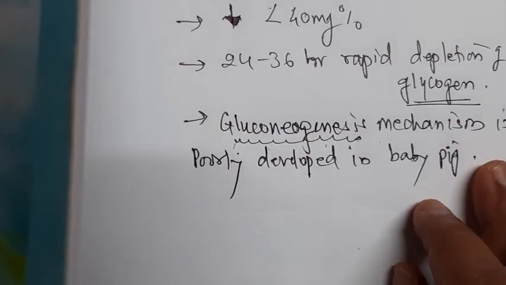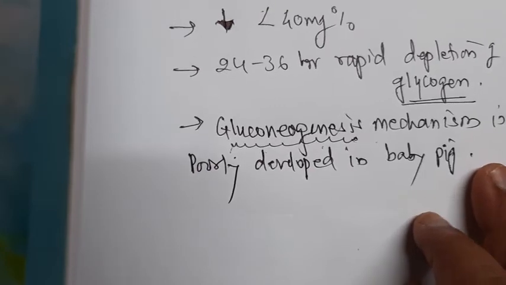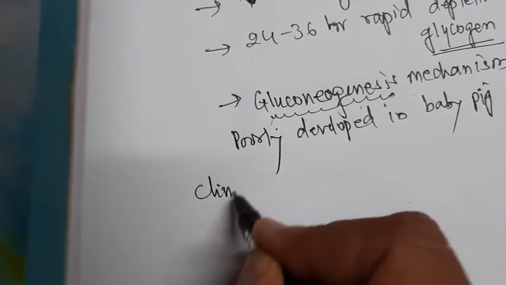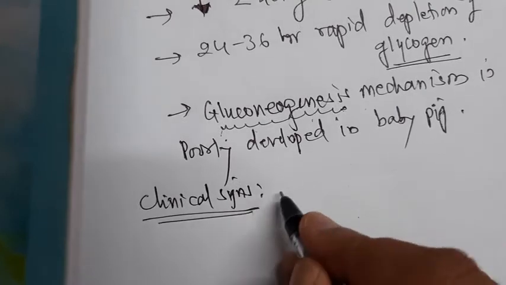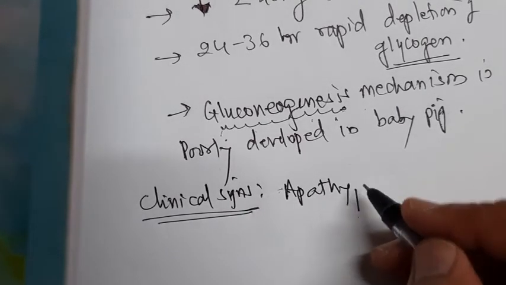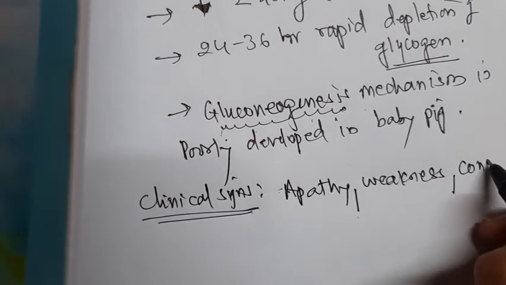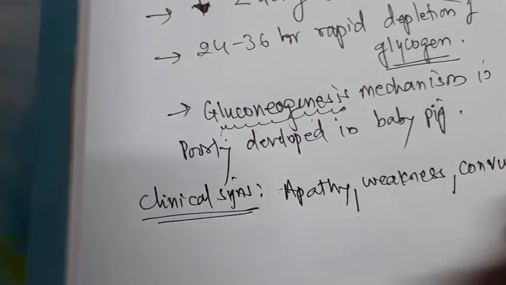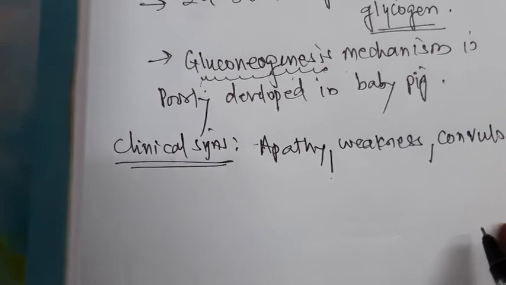Okay, so what are the clinical signs in these animals? In the baby pig, there is apathy, they become weak, convulsions, and coma and death, isn't it?